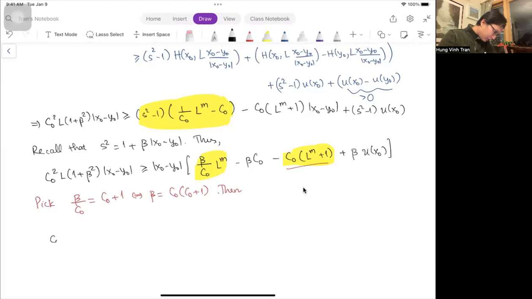So c naught square L 1 plus beta square, and beta is decided, so c naught square, c naught plus 1 square. It's a lot of constants.